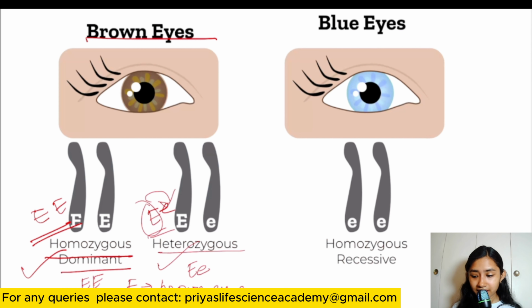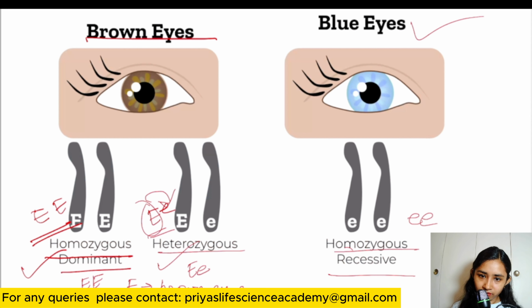Now here you can see that small e is responsible for blue eyes. Blue eyes are expressed only when small e is present in homozygous condition. That is the difference between dominant and recessive alleles. A dominant allele, if present in a single dose, will be expressed, but to express a recessive allele you need both copies.